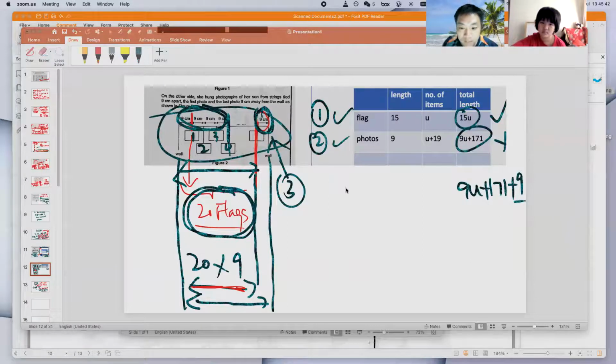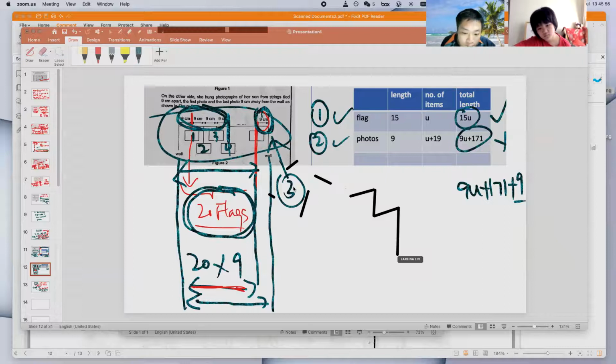Okay, so which part? Number 1, 2, 3. Which part are you still not clear? And by the way, this question has to be hard because this question is supposed to differentiate the really good students from good students. 3. Okay, good.